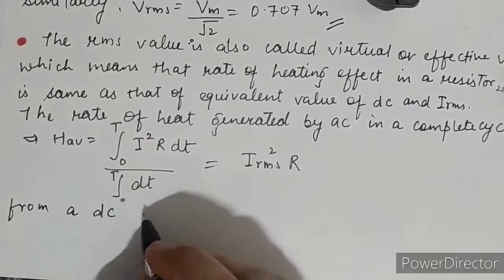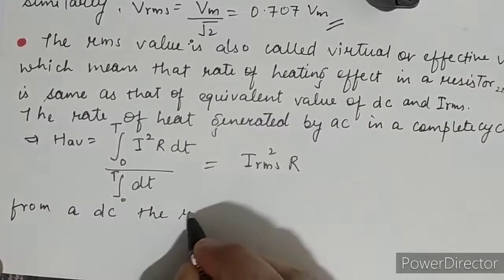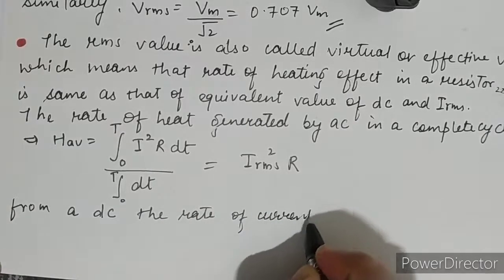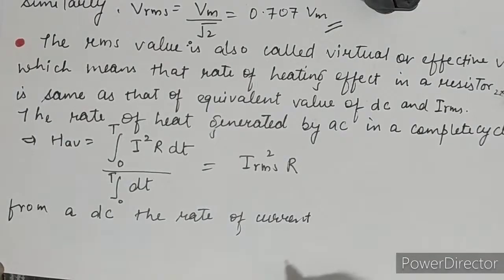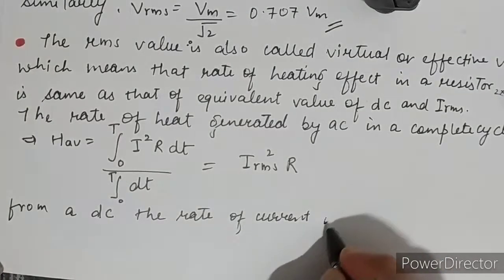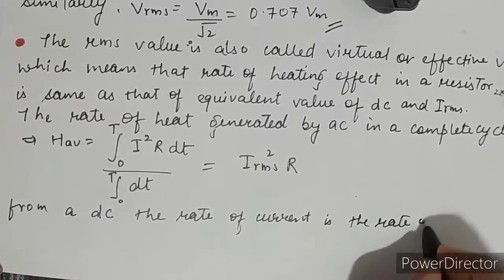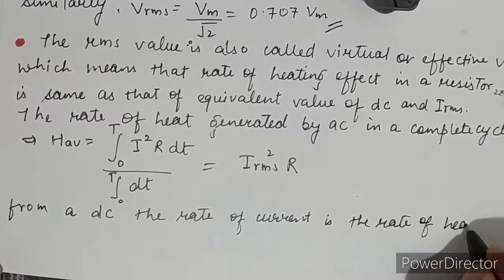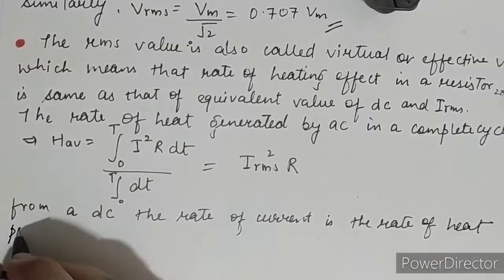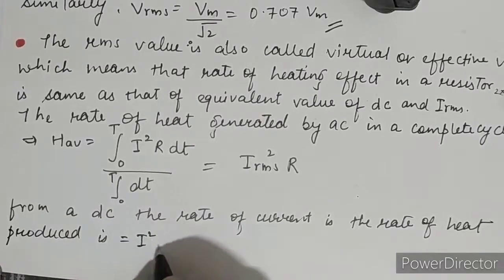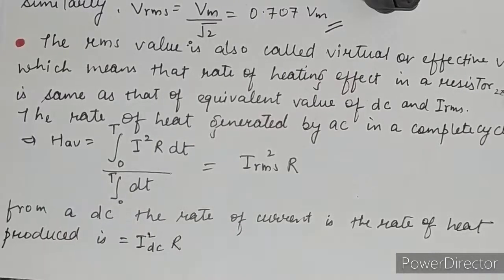For a DC, the rate of heat produced is I square DC into R. It means IDC is equal to the IRMS value.